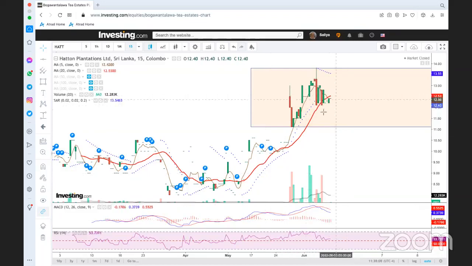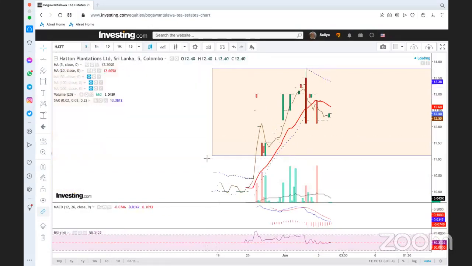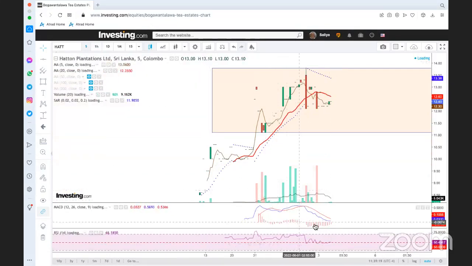So that is how we will be watching HPL moving forward. We can come down to even the 5-minute chart and see where it is. The 5-minute chart is also the same.